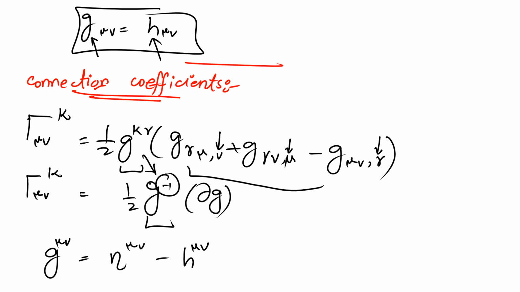If we put this here, let me write it in the next slide, sorry. Christoffel symbol gamma k mu nu is equal to 1 by 2, this is the value of g, as I have written in the previous slide, rho mu nu minus h mu nu.